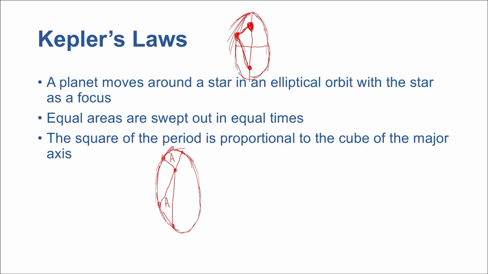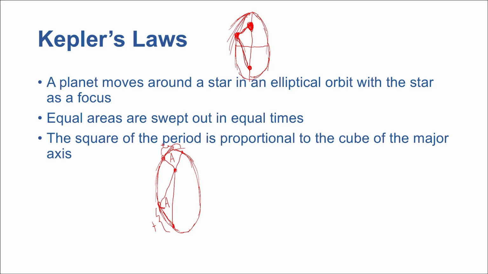That means that the time to go between there and there, t, is equal to the time to go between there and there, so t. And we can make these infinitesimally small, and then we can make these vectors make up triangles. And that makes it easy to calculate those.